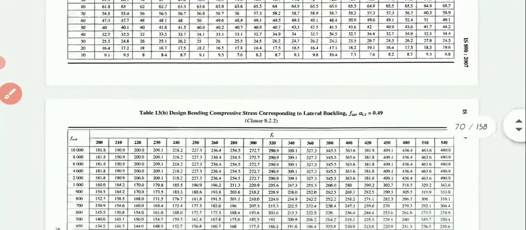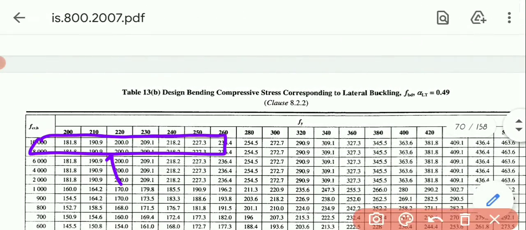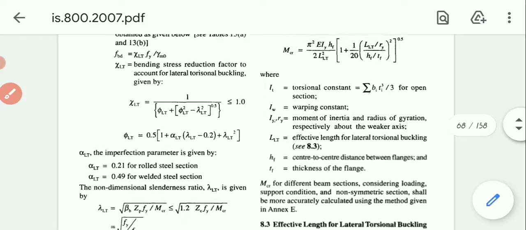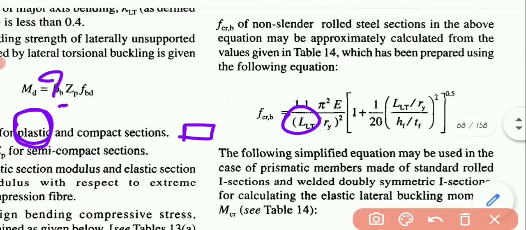So in table 13b, for alpha_lt equals 0.49, our fy is 250 Newton per mm square, and the unknown parameter is fcrb. So first of all we need to calculate this fcrb. Its formula is given on page number 54, you can see this one.